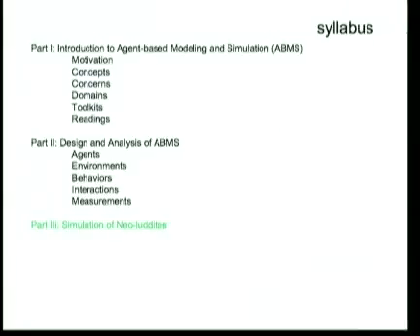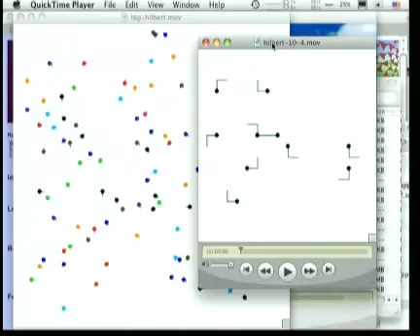I've done the barest of introduction, but it's our feeling at this point that it's probably good to continue with the example and go into more detail about how you would actually capture in the NetLogo tool some of the concepts that we've begun to discuss about the simulation.